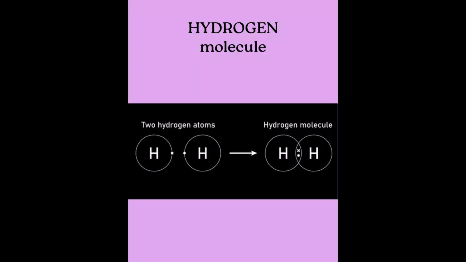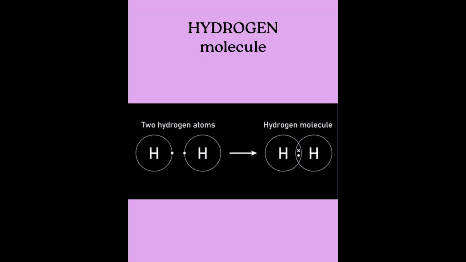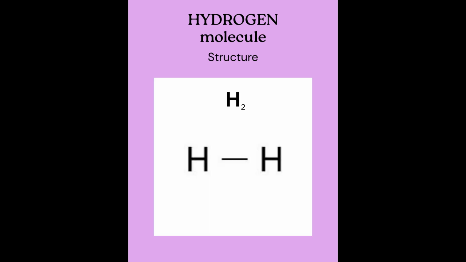So when hydrogen shares its one electron with one electron of another hydrogen atom, a hydrogen molecule is formed by the combination of two hydrogen atoms, where one covalent bond is formed between these two atoms. So here one covalent bond is formed between two hydrogen atoms to form one molecule of hydrogen. You can see in this picture how the hydrogen molecule is formed.